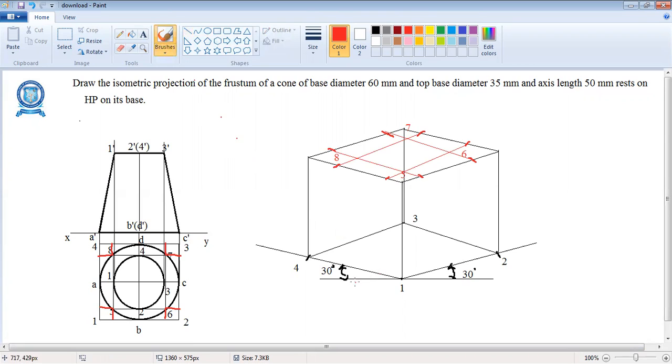For drawing the circle, we have to measure the center points of these lines.